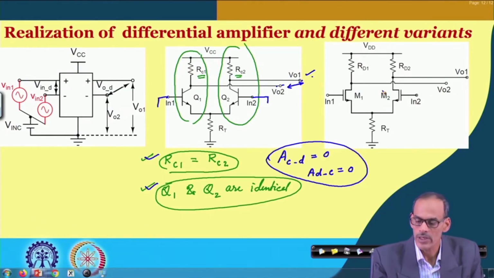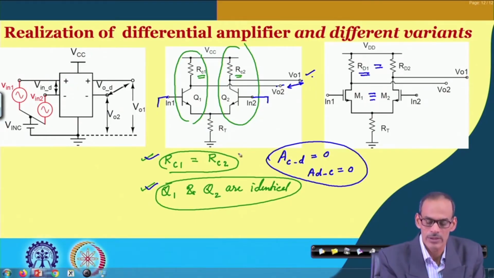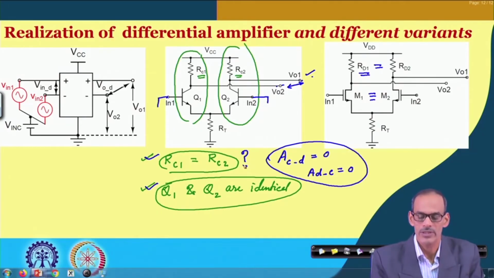Same thing here also, we want R D 1 and R D 2 to be equal, and M 1 and M 2 should be identical. Now, the natural question is that in practical realization, it may not be possible to achieve this, and there is always some little variation, the same for Q 1 and Q 2.